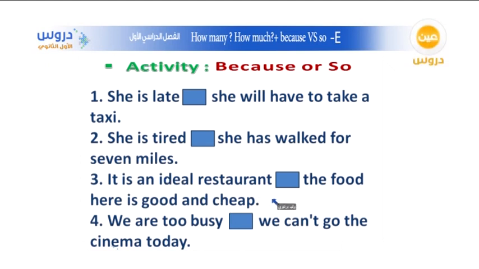What do you choose? So or because? We've got Mr. Ahmed saying so, and Mr. Saleh saying because. Let me ask you, why did you choose so, Mr. Ahmed, and you, Mr. Saleh, why did you choose because?